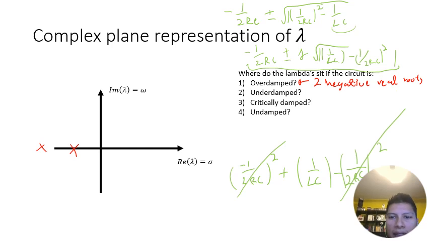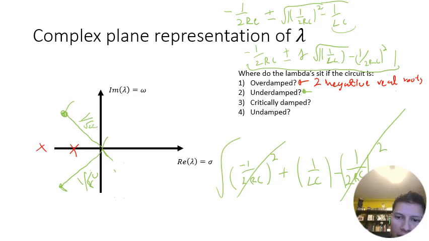And so for the underdamped case, we're going to have 2 roots with equal and opposite imaginary parts. The length of this vector will be 1 over the square root of LC, sorry. So remember, we have to take the square root of that. And in particular, the vertical displacement will be whatever is in this parentheses here.